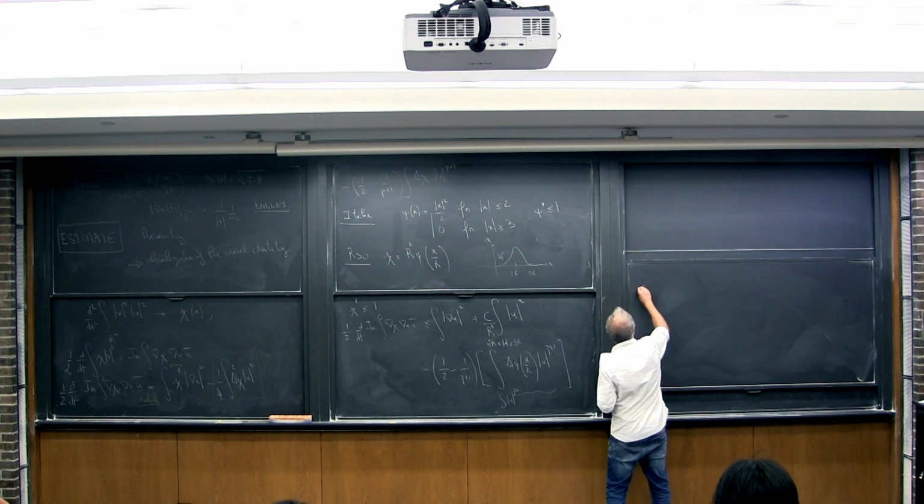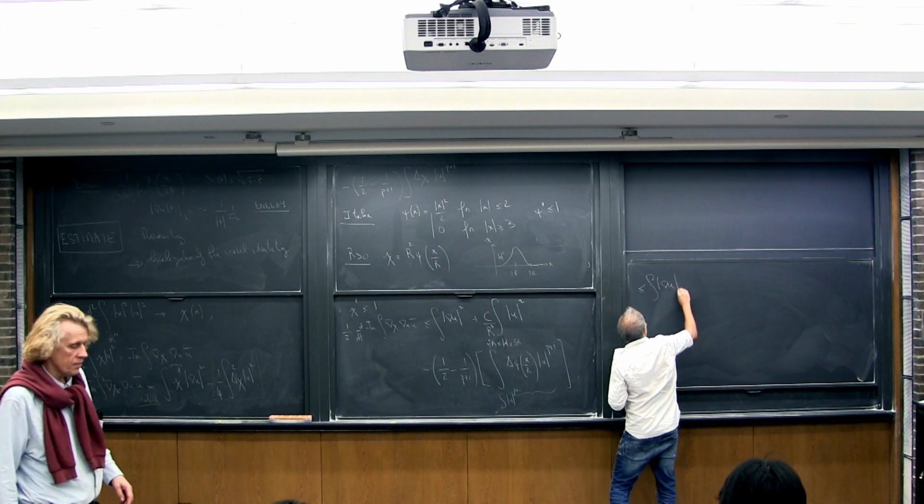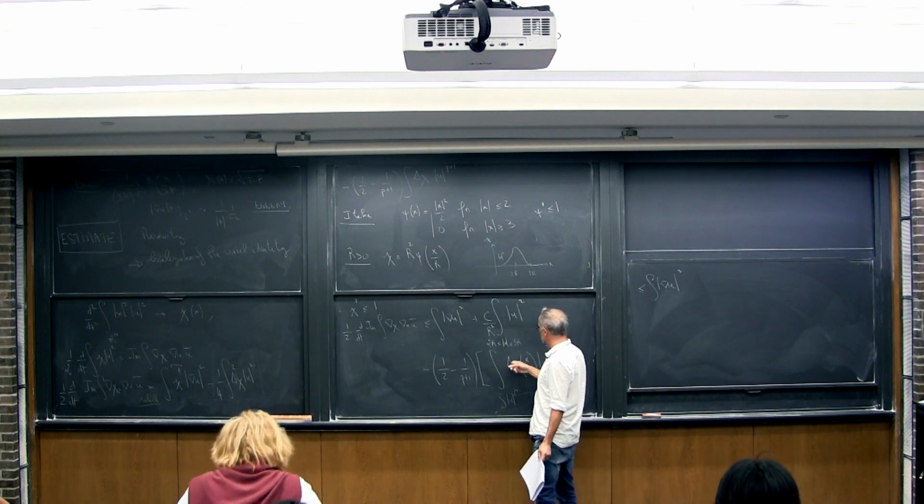So I can say that this is less than grad u squared, right? So if psi is x squared over 2, so this is just going to be d.